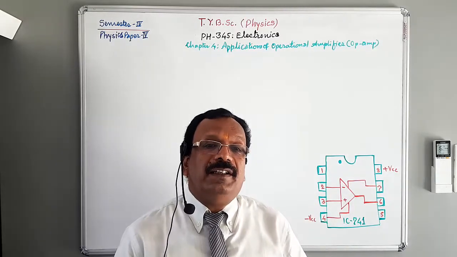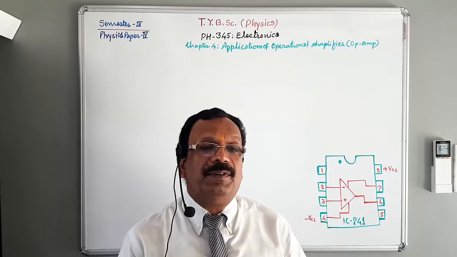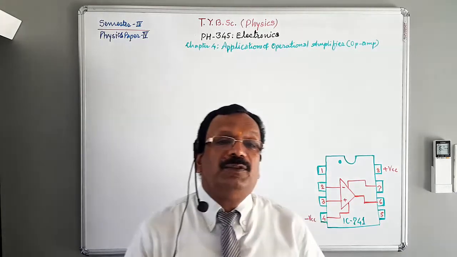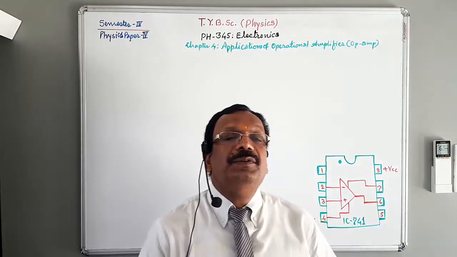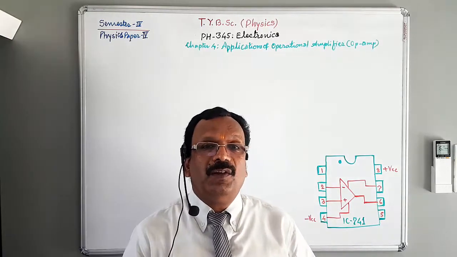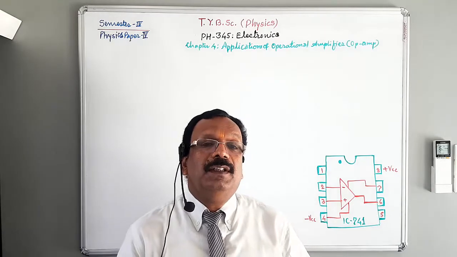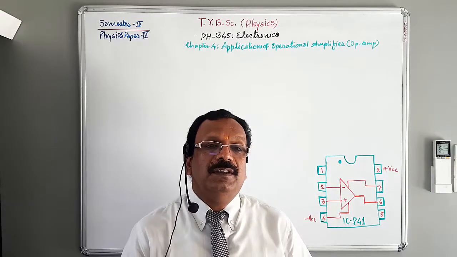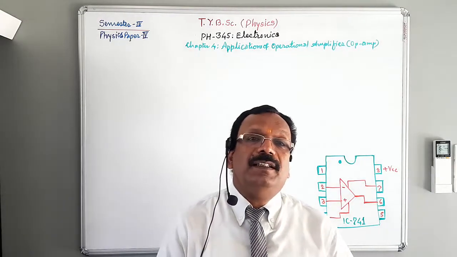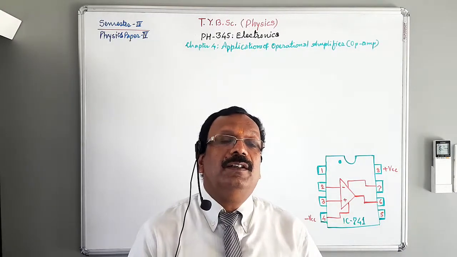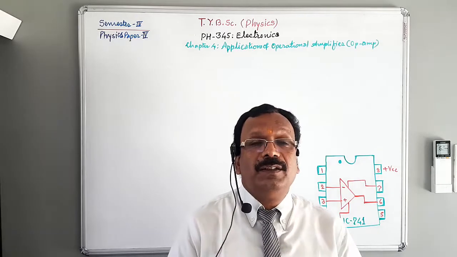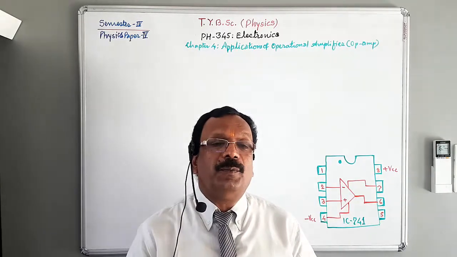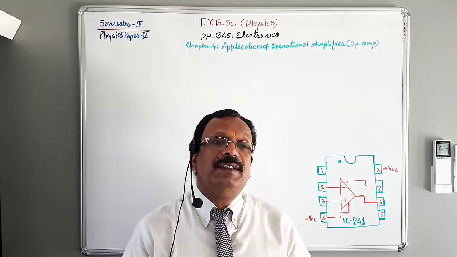You already studied the first part of this chapter in SYBSc. In SYBSc, you studied the definition of OpAmp, then virtual ground, then OpAmp as an inverting amplifier, OpAmp as a non-inverting amplifier, and you also studied two applications of OpAmp, that is OpAmp as an adder and OpAmp as a subtractor.